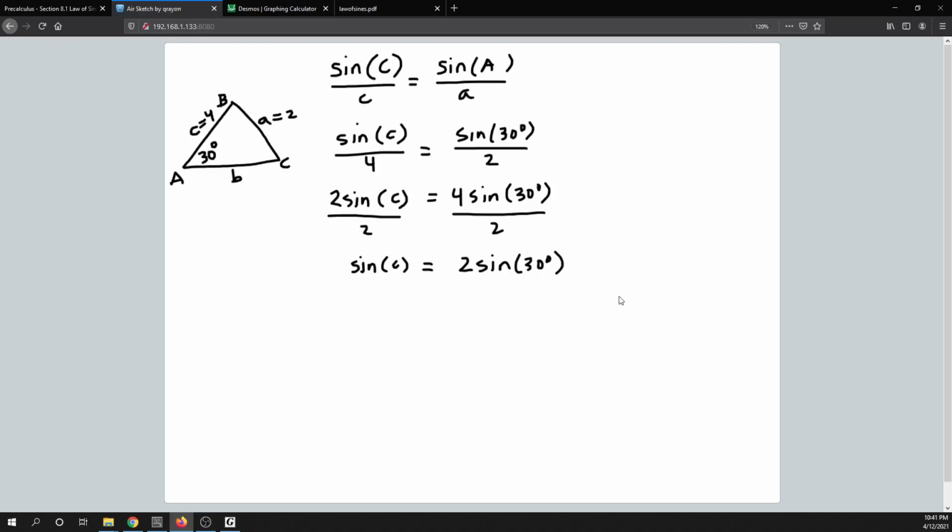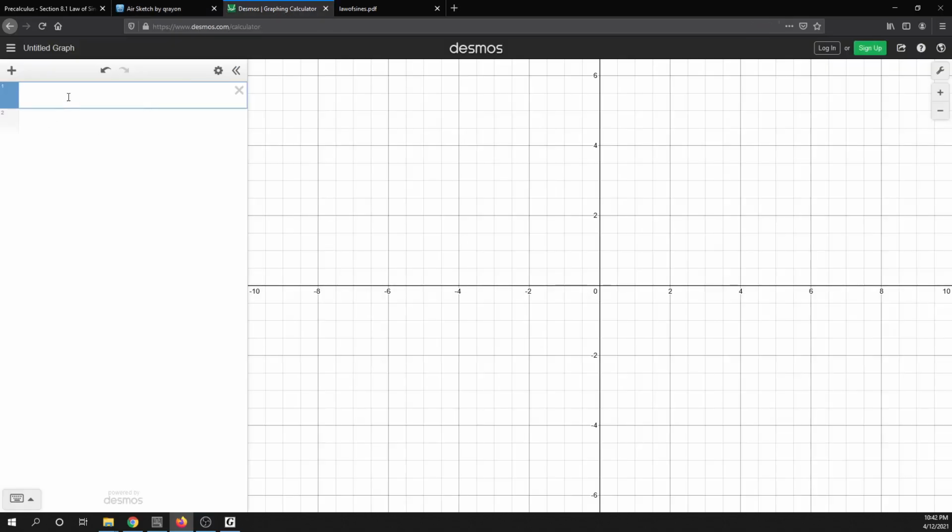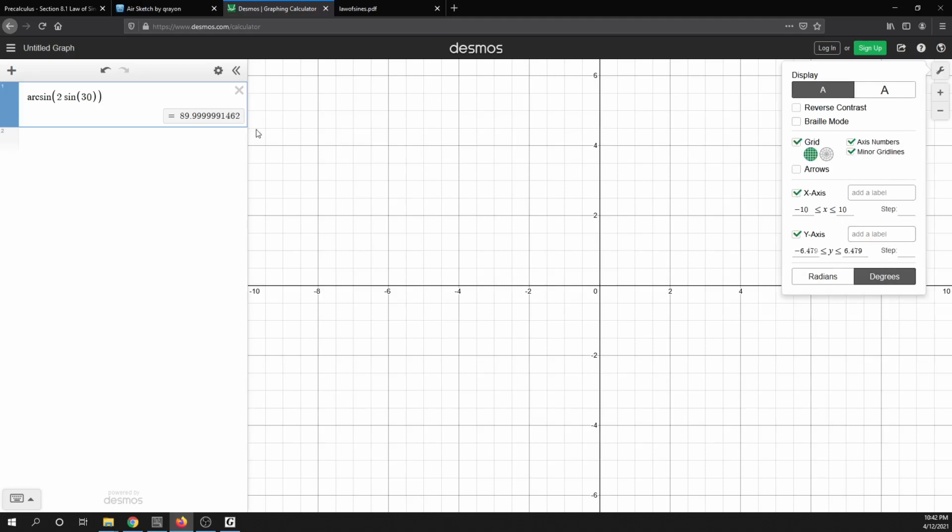But let's just say maybe you didn't notice that. The next thing you would do is take the inverse sine of both sides. That would give you that angle C equals the inverse sine of 2 times the sine of 30 degrees. On Desmos, I have to do that as arc sine, and it should be in degree mode, which we are.